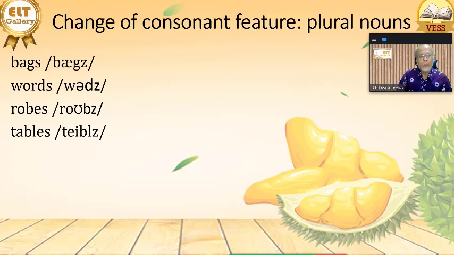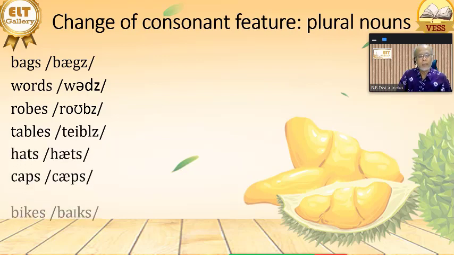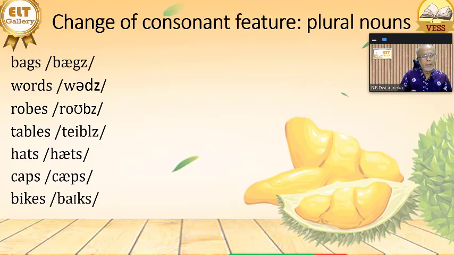Here all the words end with the z sound because g, d, b, and l are voiced. But we have hats, caps, bikes. Here the suffix is pronounced as s because t, p, and k are voiceless.